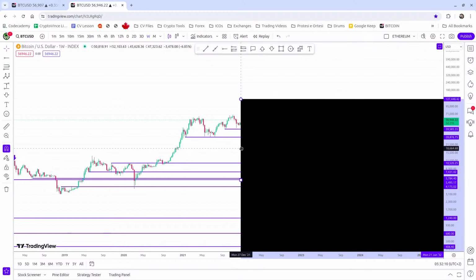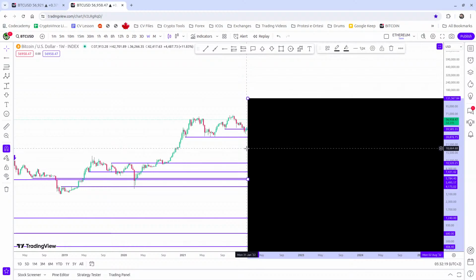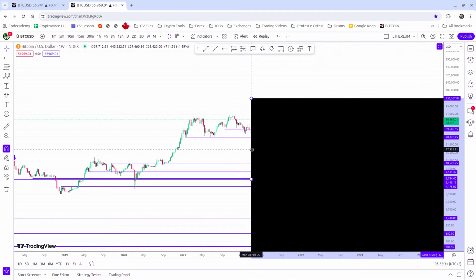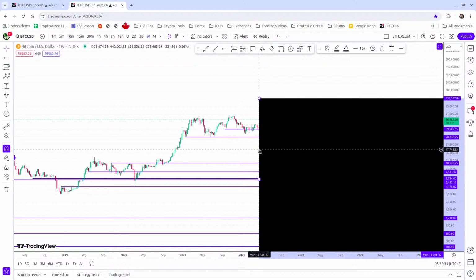Or if it breaks this level I just traced right there, I'm going to go for a short. So price here makes a lower low, and I need to see a lower high in order to go short. See what happens here. That's a lower high we want. Yeah, that could be something. Let's see what happens after.